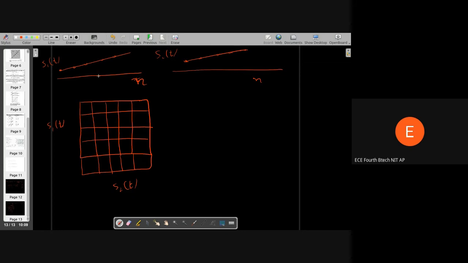We took this simple example of two exactly same signals, 5 points each. What will happen?